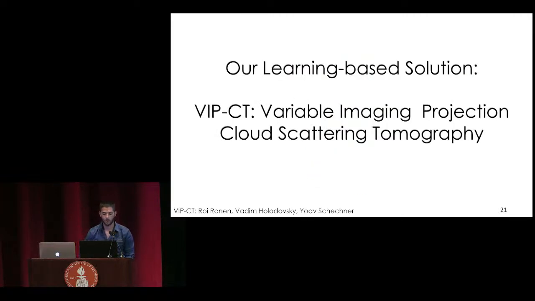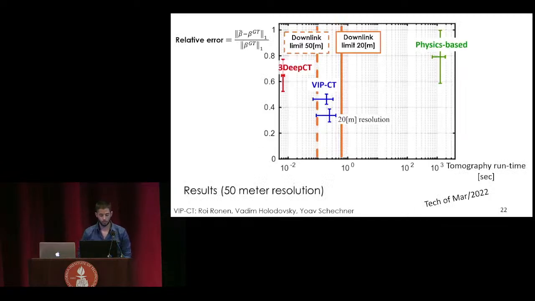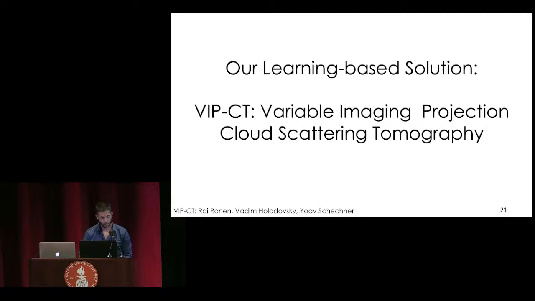Our approach, termed VIPCT, handles these limitations. It solves very fast and accurately the highly complex nonlinear problem of cloud scattering tomography at large scales. Moreover, our approach handles flexible imaging geometries and resolutions.